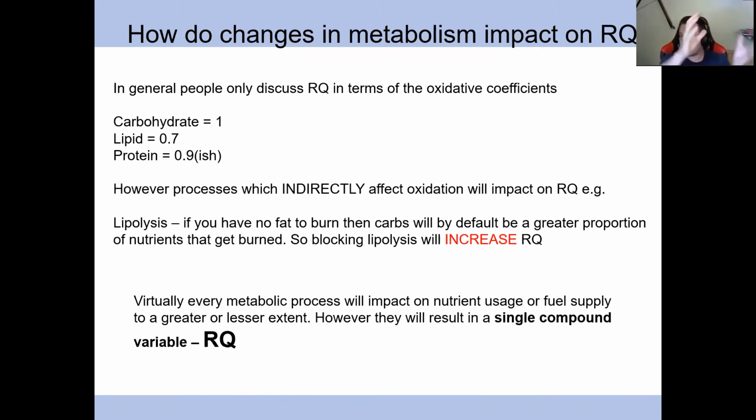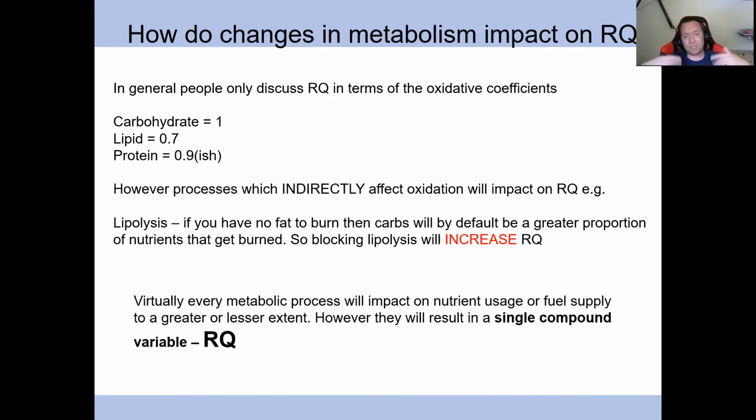Even if we don't change the amount of carbs being oxidized, carbs will be a greater proportion of the oxidative metabolism going on. And as such, RQ is a unitless variable. It's a ratio. We will get a higher RQ because we're doing more glucose oxidation and less lipid oxidation as a proportion of that ratio. Okay? So blocking lipolysis will potentially increase respiratory quotient.